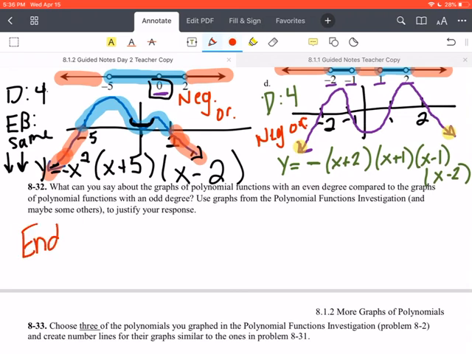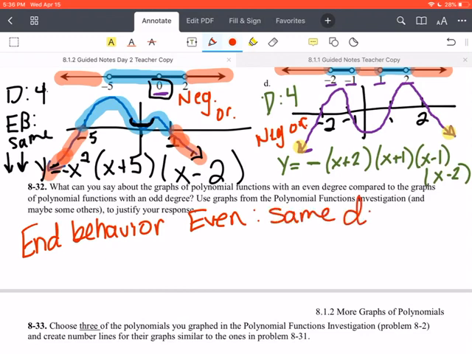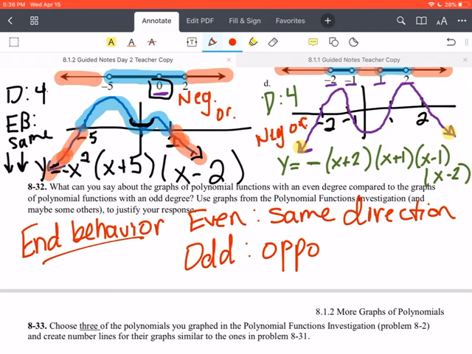So for end behavior, we see that if we have even degree, we know that the end behavior is going to point in the same direction. You feel like we've written this millions of times? Because we have. And then if it's an odd degree, our end behavior is going to point in opposite directions.